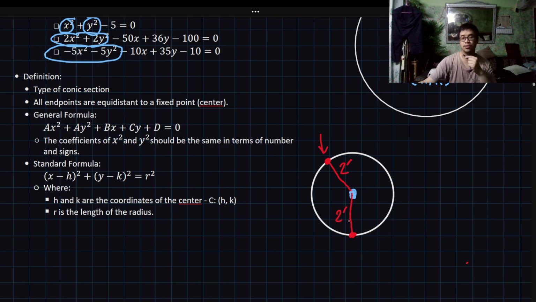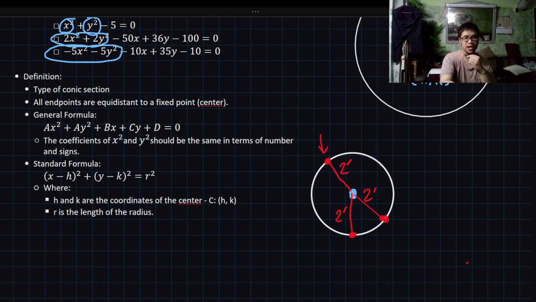Or how about here? What's the measurement from the center up to this point? It's still 2 units. So at any endpoint on the circle, if you draw a radius to it, the length would be the same as the measurement of the other radii.